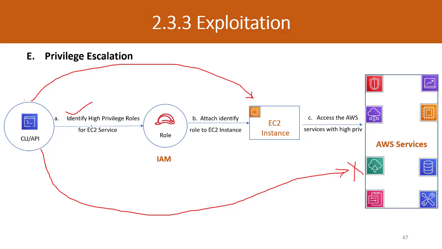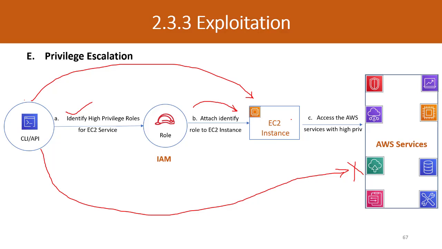Once they identify this profile, they can attach it directly to the running EC2, or they can create a new EC2 instance and attach the role or profile to it. Then they can access all the services on behalf of the role attached to this EC2 instance. This is how they can perform the privilege escalation, which initially was not there.